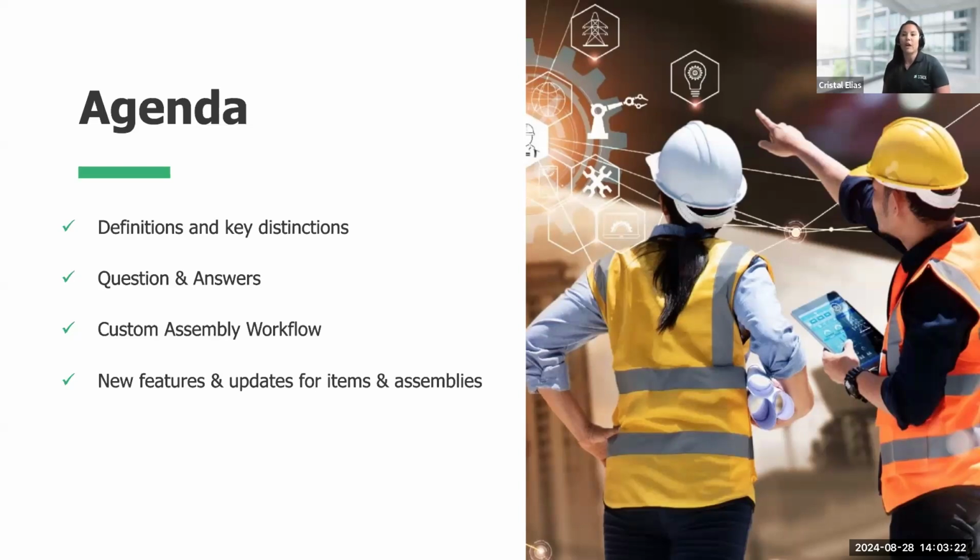You will receive a copy of this PDF at the end of the day. I also want to talk briefly about our new features and updates that we have made on items and assemblies. If you have been with Stack for a while, you may notice that it looks different than before, so I want to touch on those to make sure you're not missing any of those features.